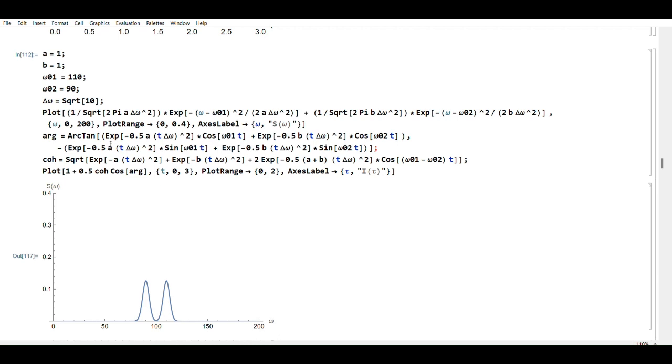See, similar effect, because A delta omega squared is the term in the width. So if you change A by some factor and if you change delta omega by the square root of that factor, the effect will be the same.